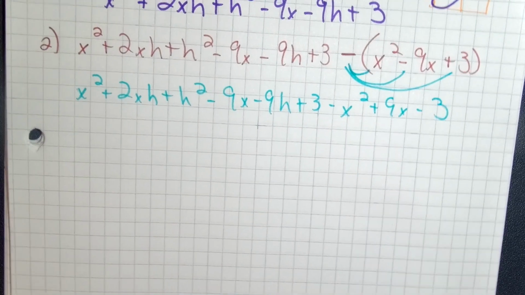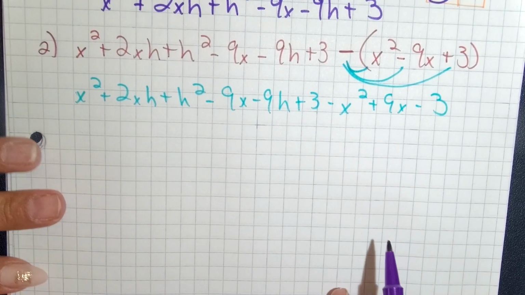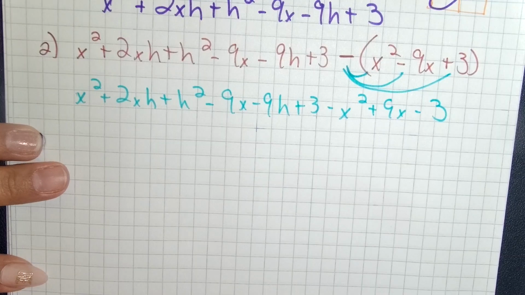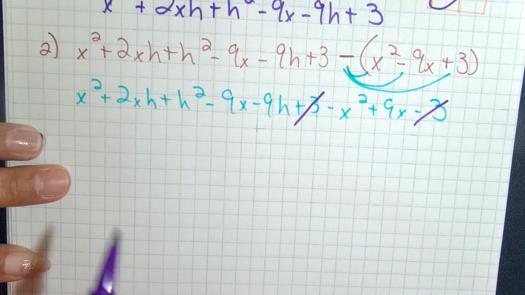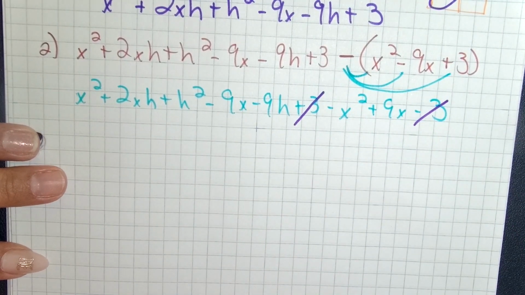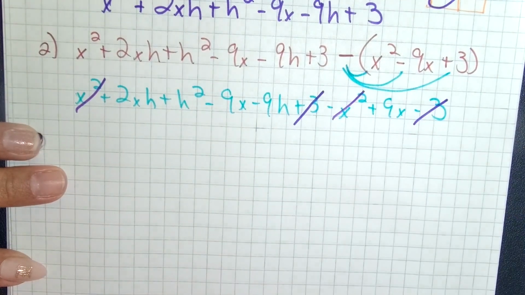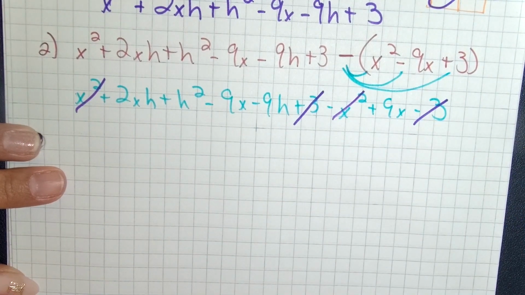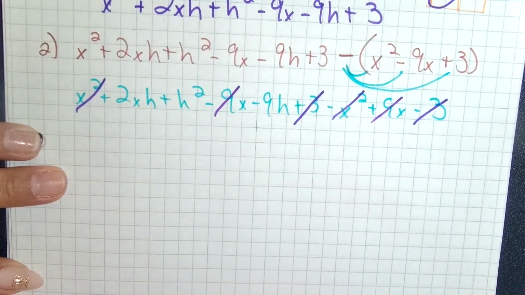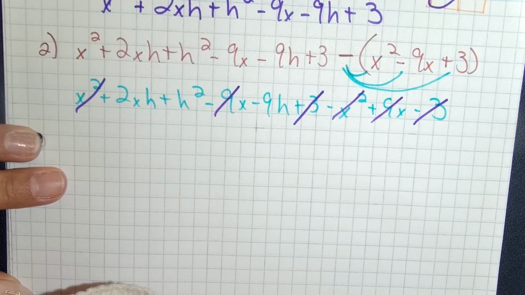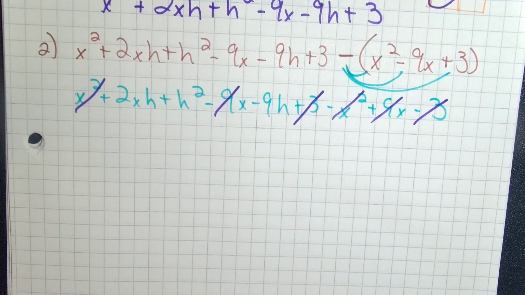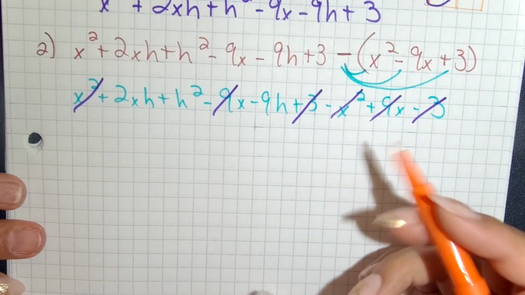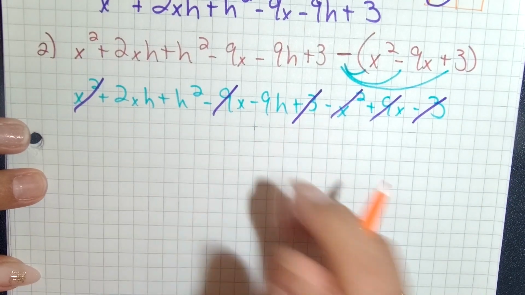Do I have like terms? Negative 3, plus 3. Cancel those out. X squared, x squared. 9x, 9x. So, there are no more like terms.